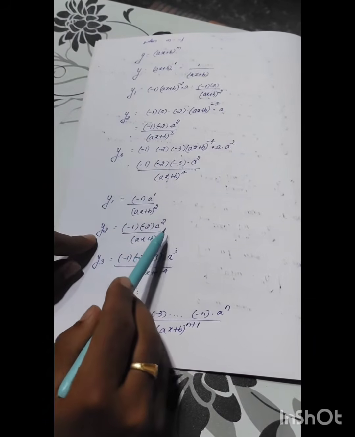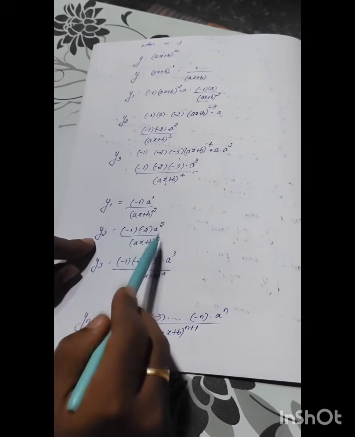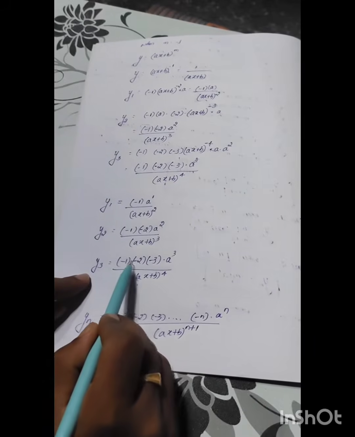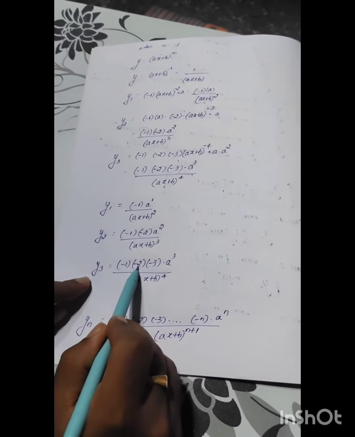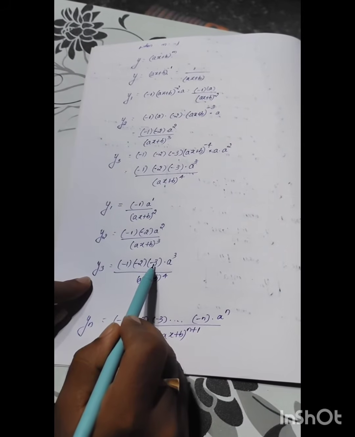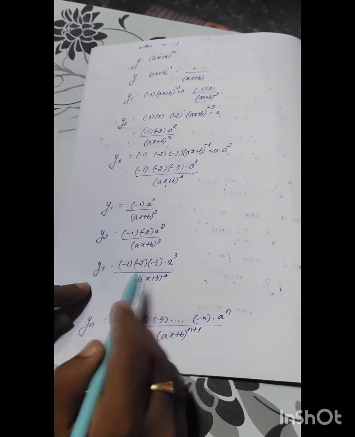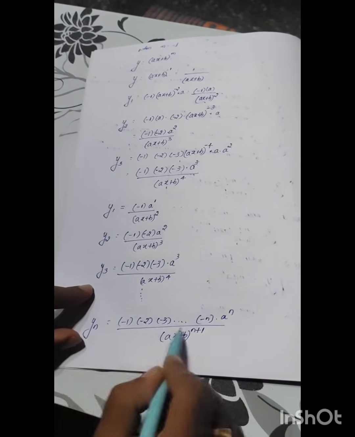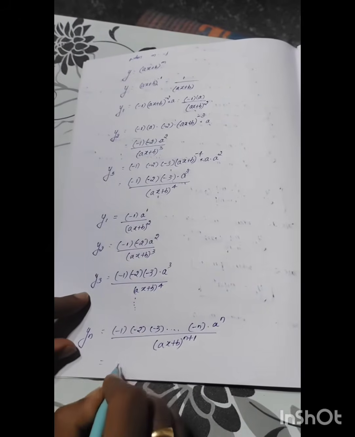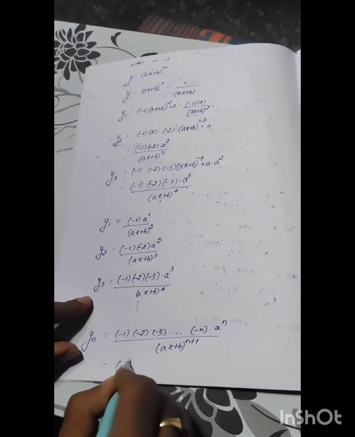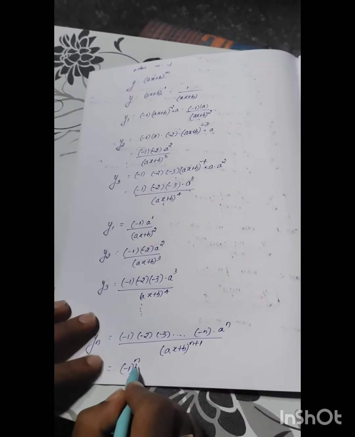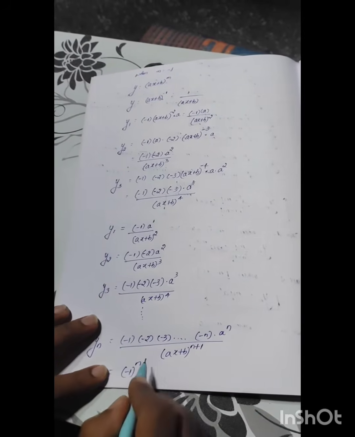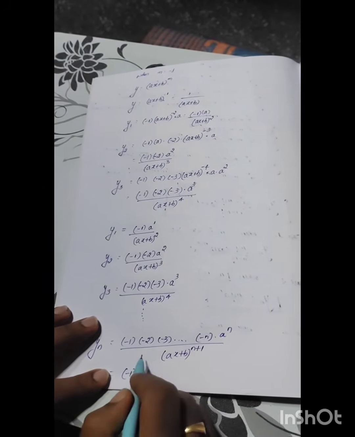So when n is even, this term will become completely positive. y3 is minus 1 into minus 2 into minus 3, these two terms will be positive, again into minus, that is minus. If we take y4, four minuses will make the positive sign again. So what we can write, this term will be minus 1 raised to n, that is when n is even, this term will become positive, when n is odd this term will become negative.